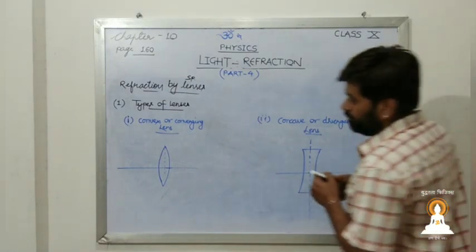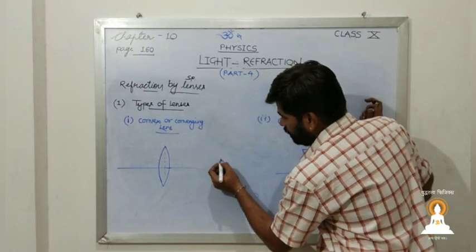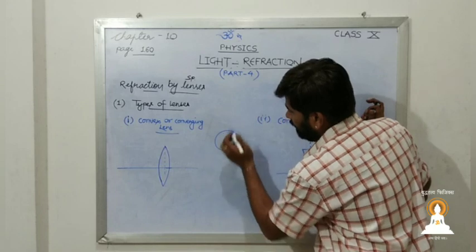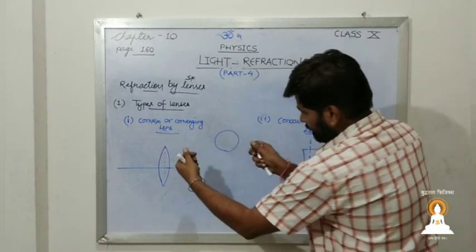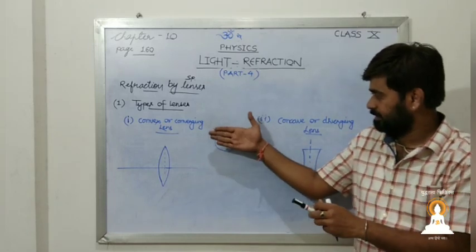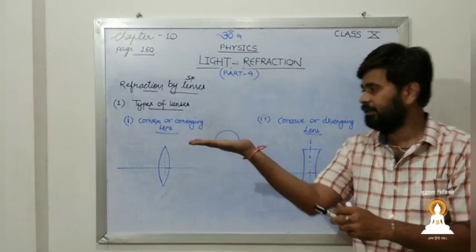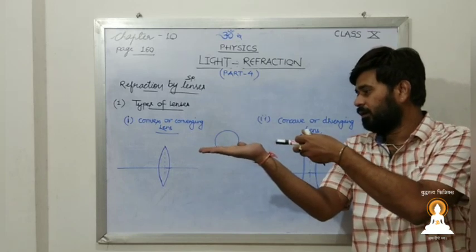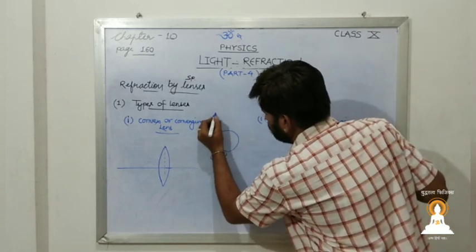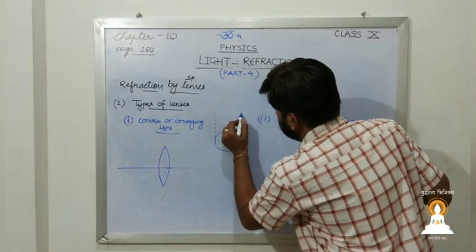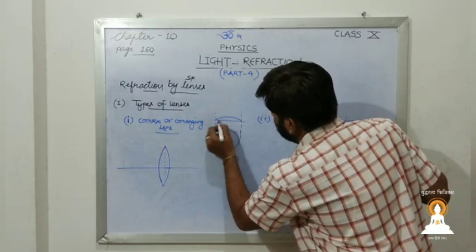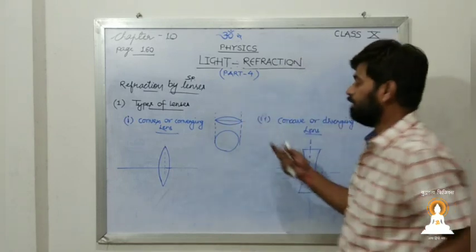Actually, if you see them in real life, it will be like a disc. If I take this disc like this and turn it through 90 degrees, it will look like this.